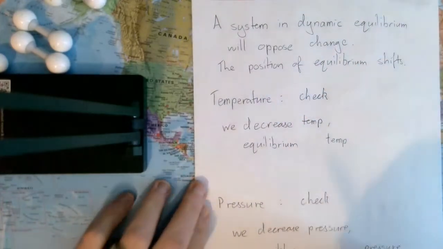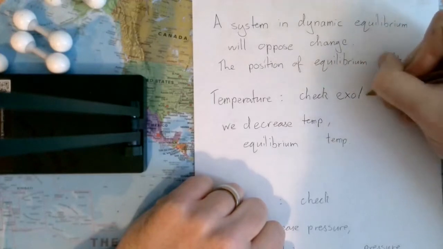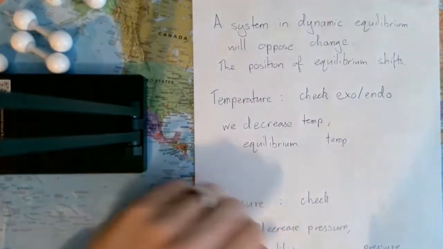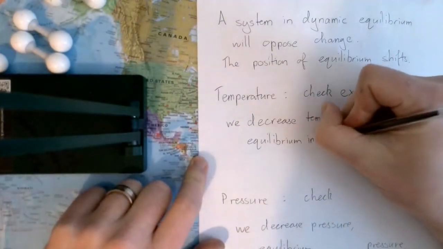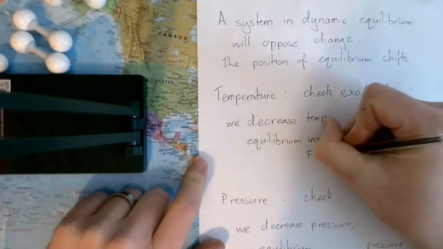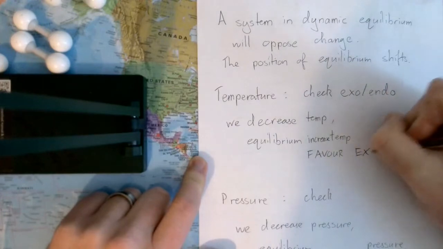So, if temperature is changed, you need to check what's exo or what's endothermic. If we decrease the temperature, equilibrium will increase the temperature and it will favour the exothermic.